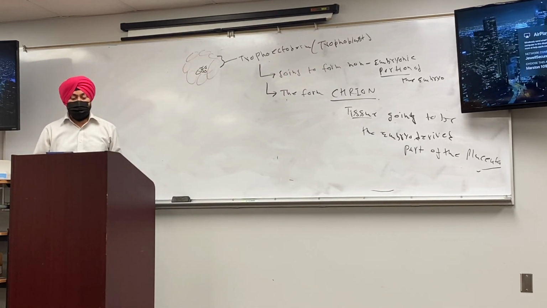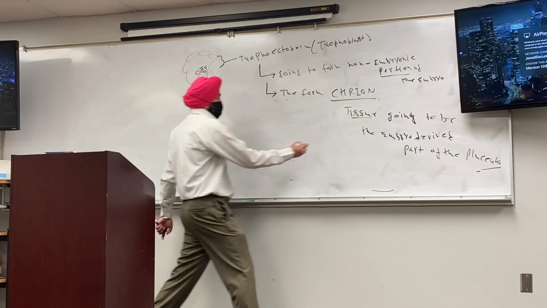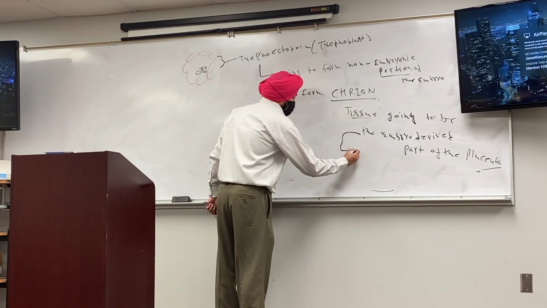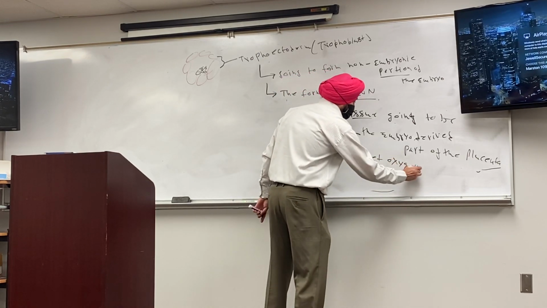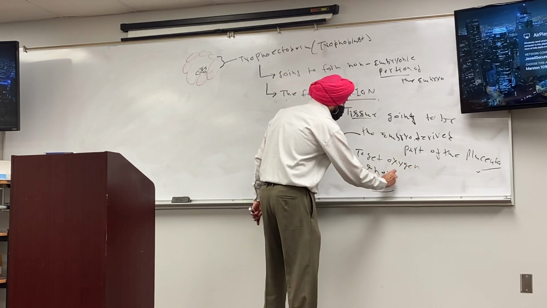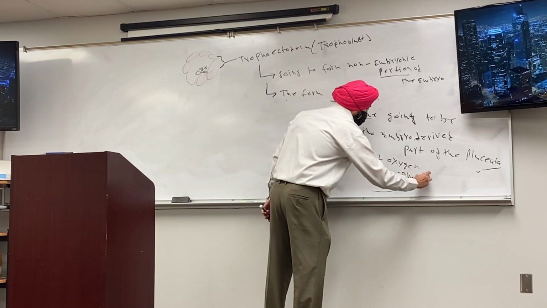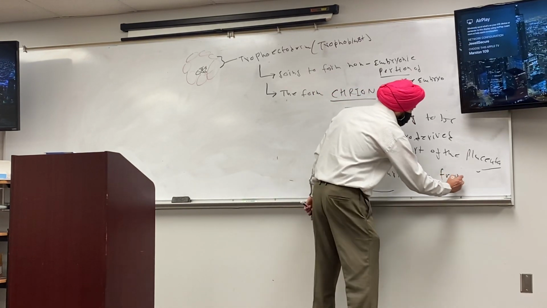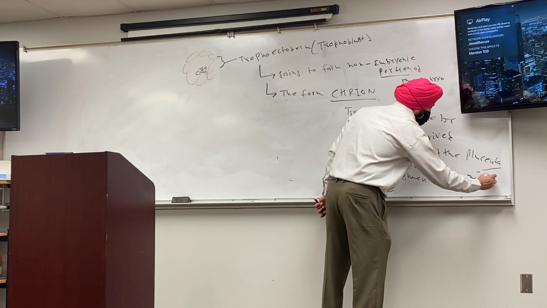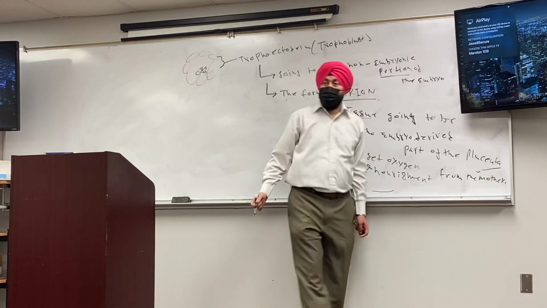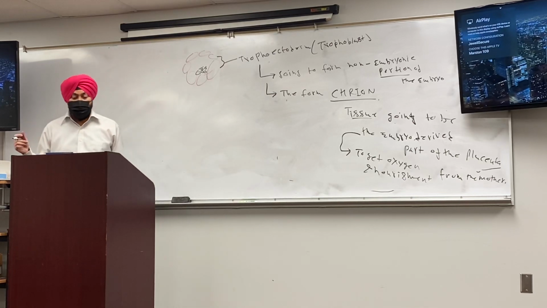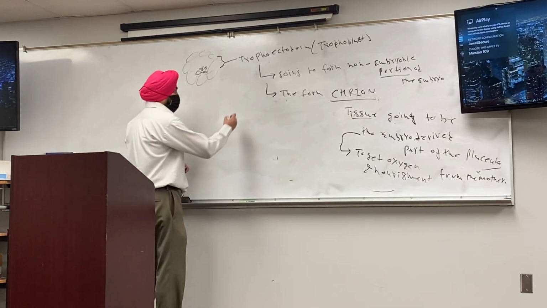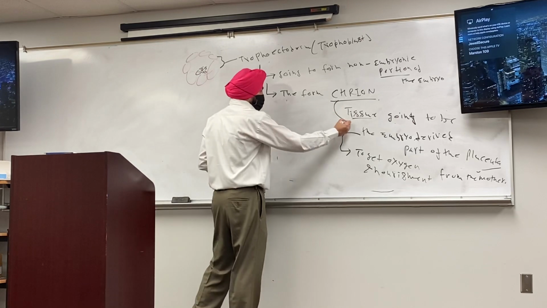Okay. Now what is the purpose? To get oxygen and nourishment from the mother. Remember, there is no yolk as it was in the amphibian cells. This is the one thing chorion is doing.